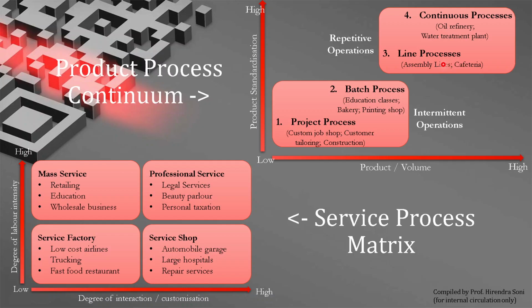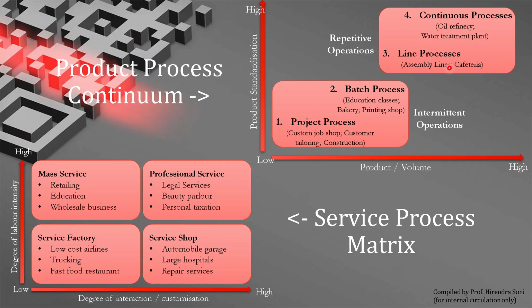When we talk about line processes, the products are quite standardized, as well as the process. The volumes achieved are much higher. For example, if a company is manufacturing an automobile, one model of the product will look exactly the same even if it is manufactured on another day.